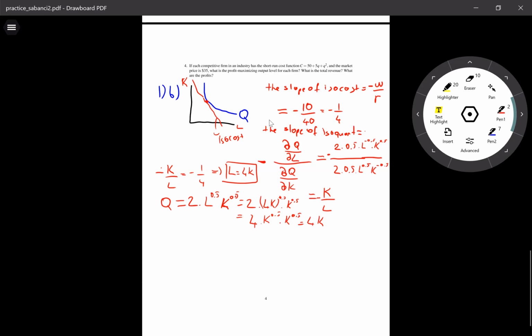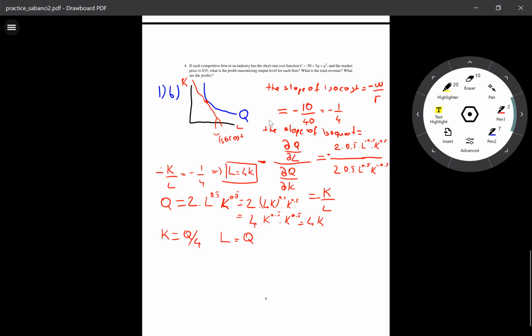Then K will be equal to Q over 4, and since L is 4K, L will be equal to Q.